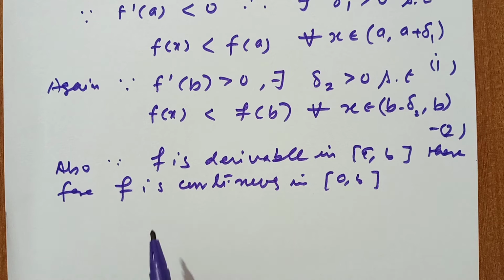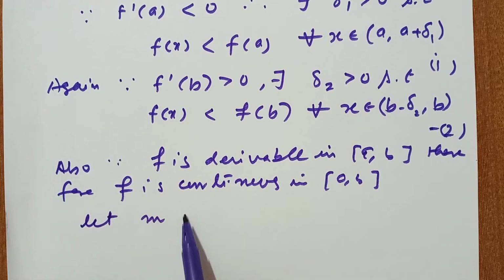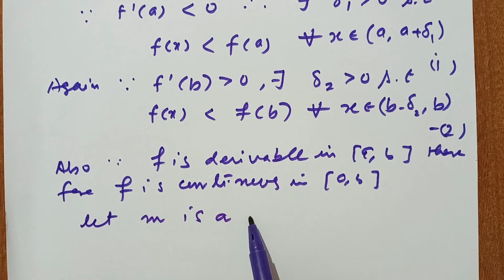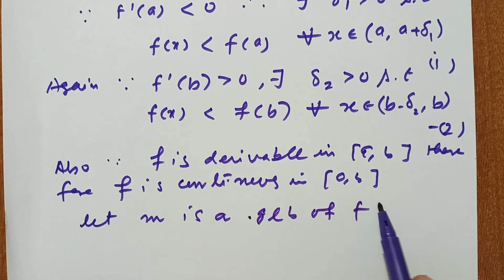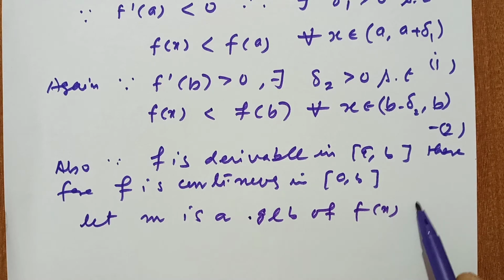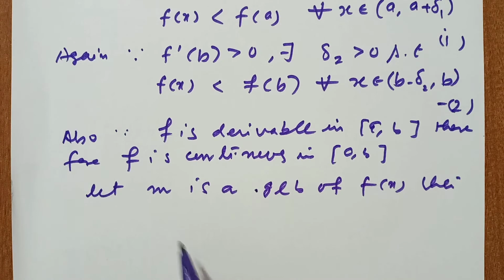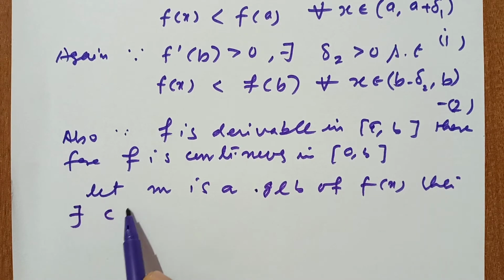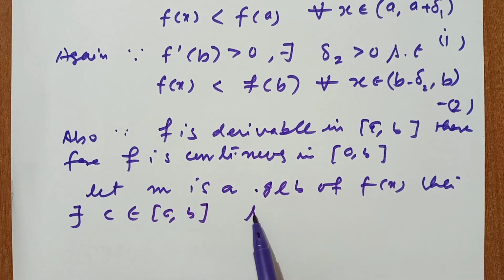Okay, so let m be the greatest lower bound of f(x), then there exists a point c in the closed interval [a, b] such that f(c) is equal to m.